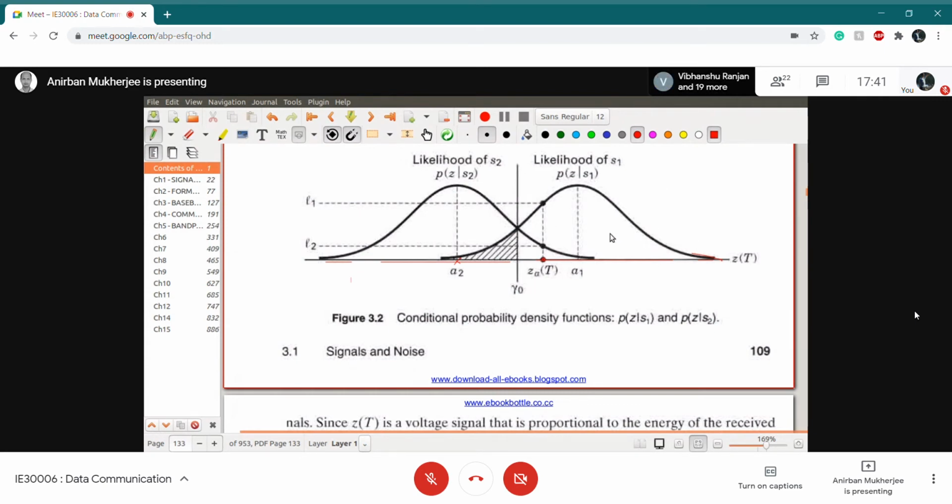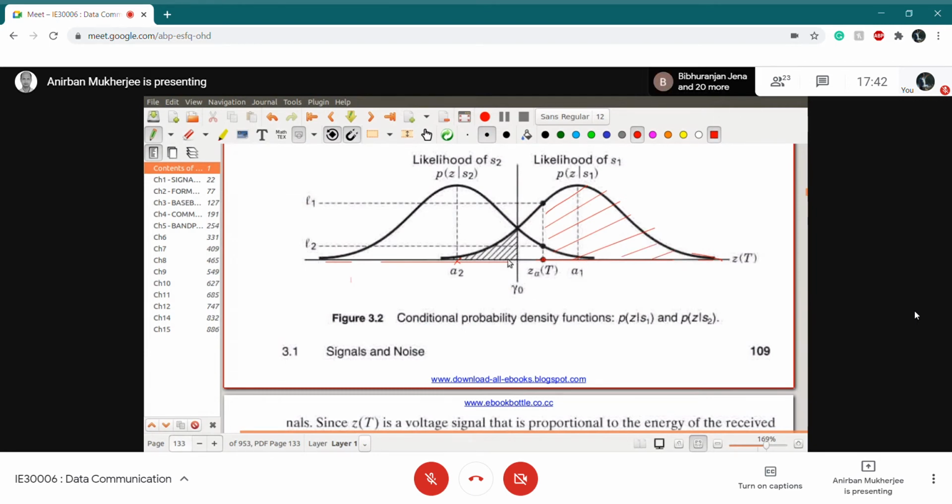But then you try to understand that actually it may be from this side, from this distribution, but it is a bit far out. So what about the error you will commit? If it is actually from this side, the probability of detection is called this, the probability of detection.